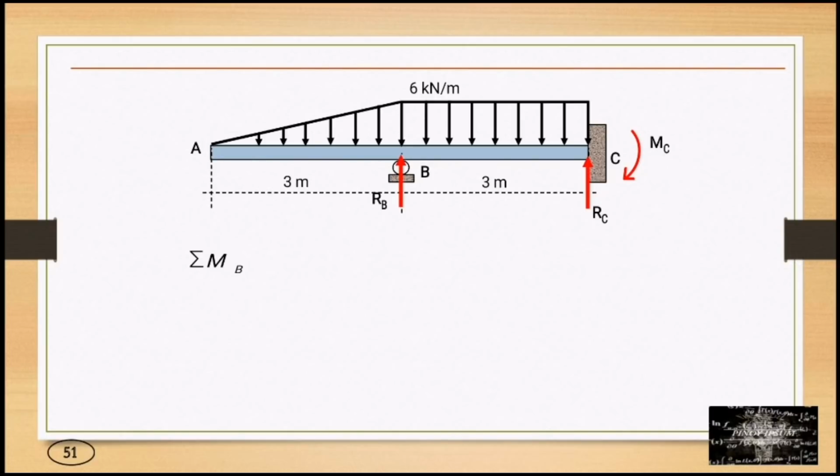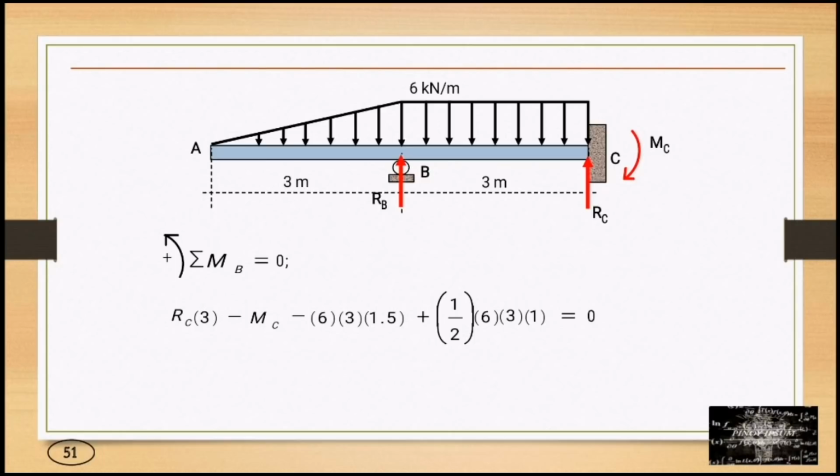Now, using the whole system of the beam, summation of moment at point B is equal to 0. Considering counterclockwise positive, RC times 3 minus MC minus 6 times 3 times 1.5 plus 1/2 times 6 times 3 times 1 is equal to 0.